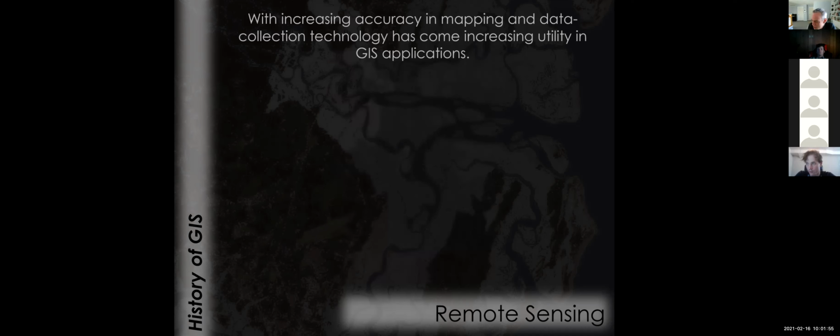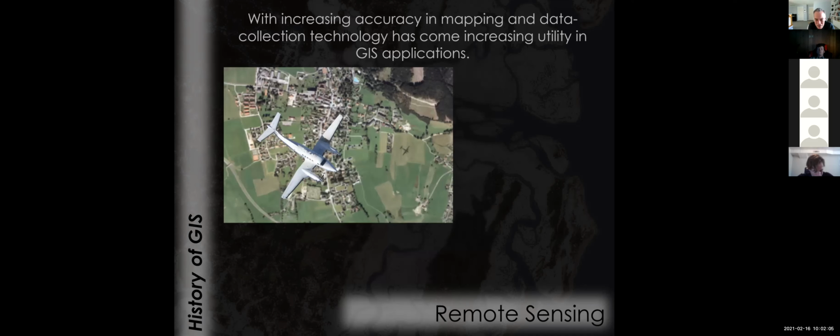And then with increasing accuracy in mapping and data collection technology, we've had increasing utility in GIS applications, right? So we have aerial photography that started to be used in the early 20th century, and throughout the 20th century.